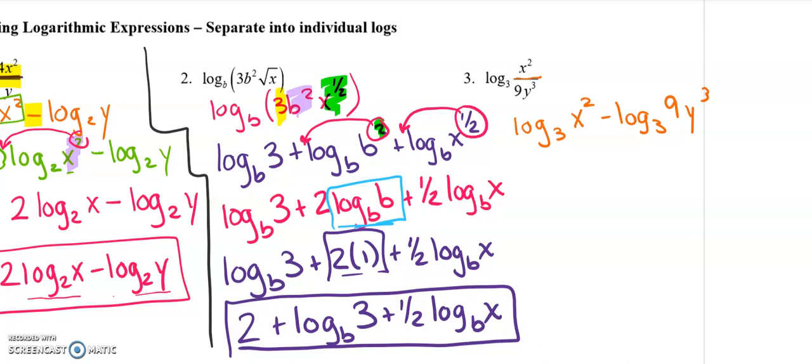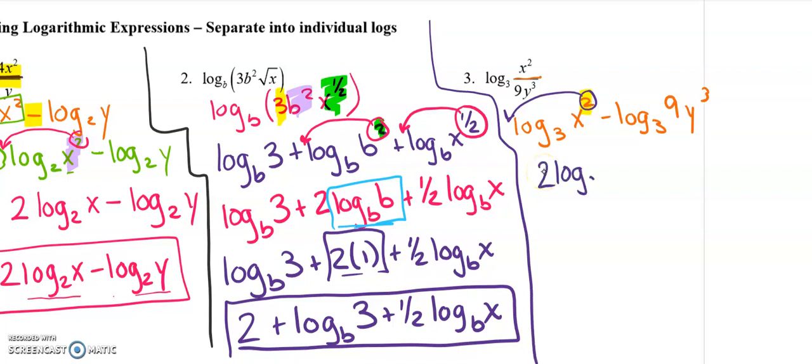All right. What do we notice here? We've got this exponent. What do we do with the exponent? We drop it out front. So that gives us 2 log base 3 of x minus, what do we have here? We have a multiplication. So we'll have log base 3 of 9 plus, with multiplication, we split that up with addition. But this was minus this log.